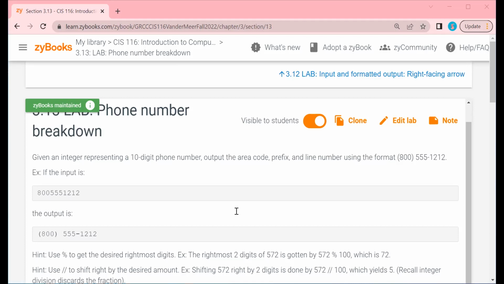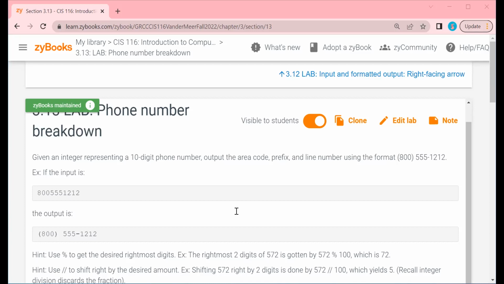Let me check the assignment too. Let's see which ones we had to do for 3 real quick. So we have to do 3.12, 3.14, 3.15, 3.16. Those are the labs. Oh, am I in the wrong one? No, the question is on the challenge activity, not the labs yet.